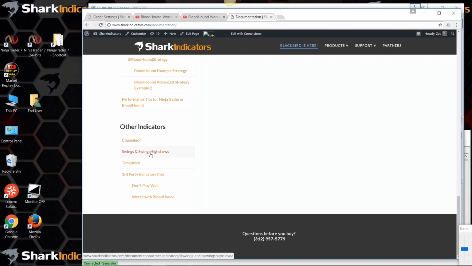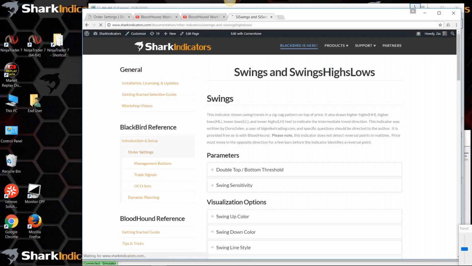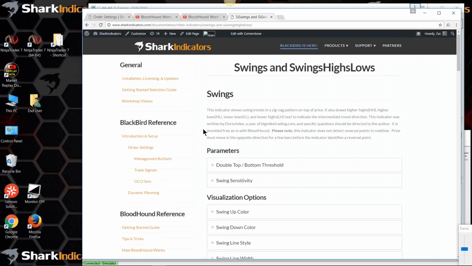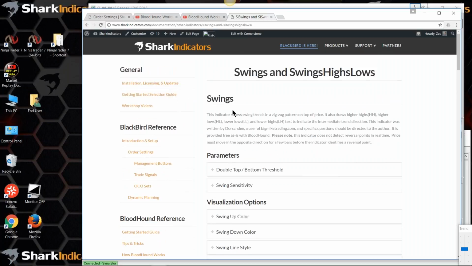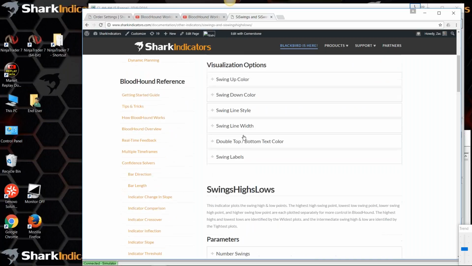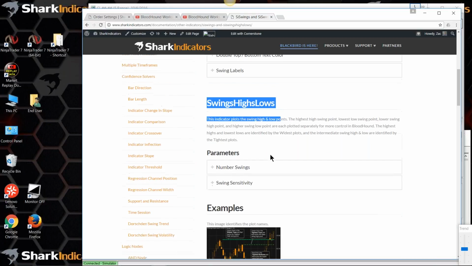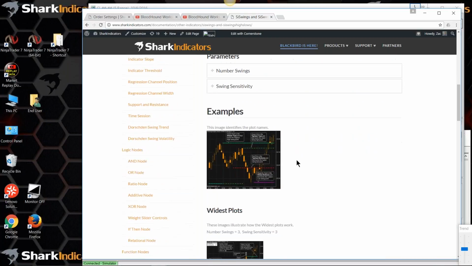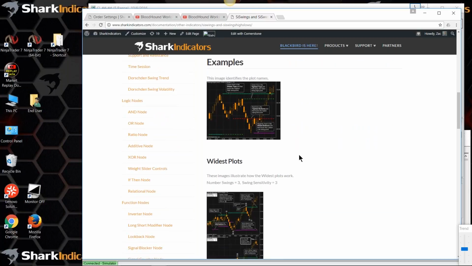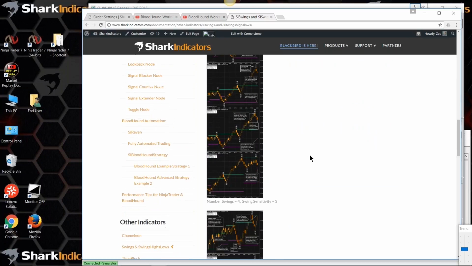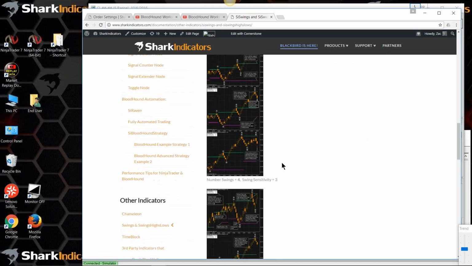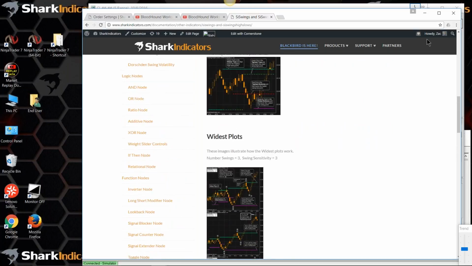So here's the swings and the swings, highs, lows. The first one is the swings indicator. And if we scroll down, we have the swings, highs, lows indicator. And this explains how this indicator works. There are a bunch of screenshots and everything that illustrate it.